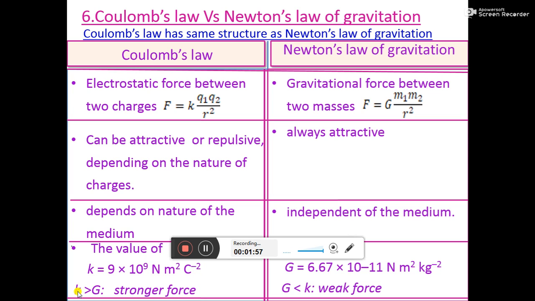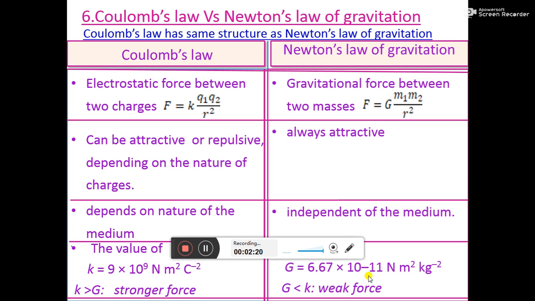Here K is greater than G, where G is the gravitational constant. Therefore, electrostatic force is the stronger one compared to gravitational force. That is, the electrostatic force is always greater in magnitude than gravitational force.